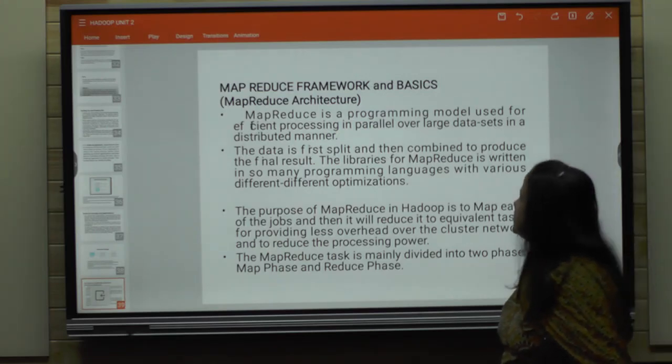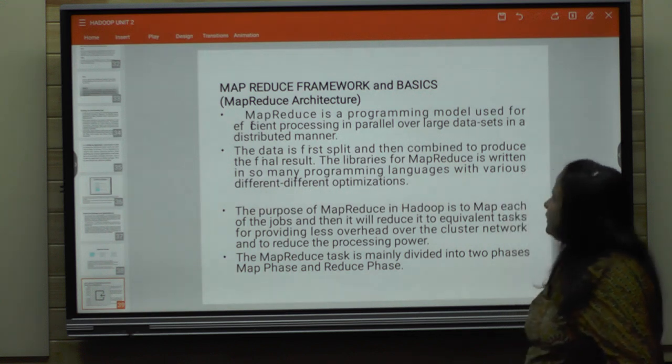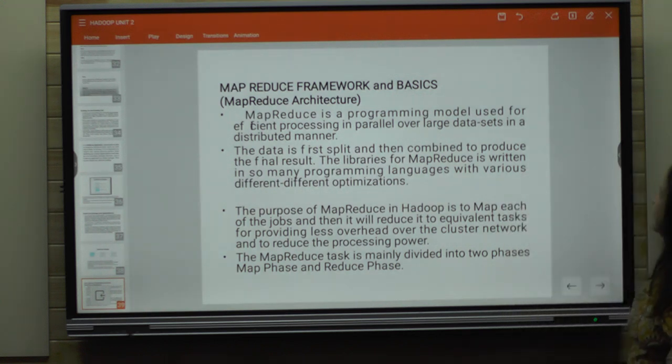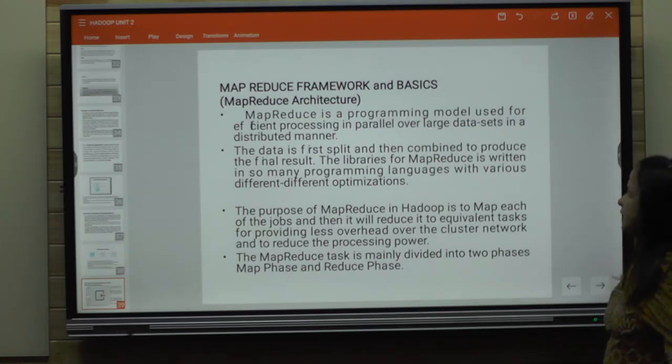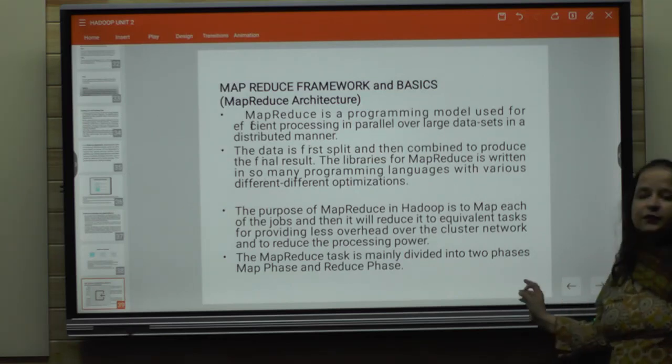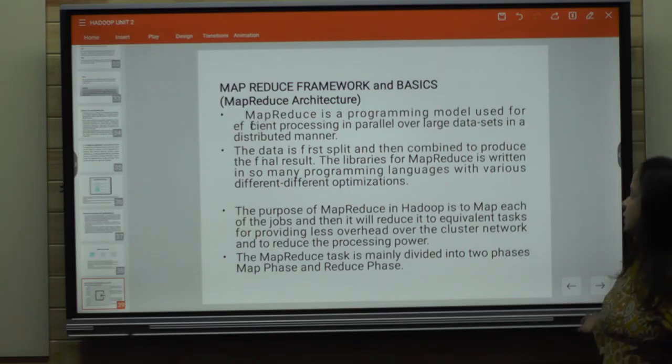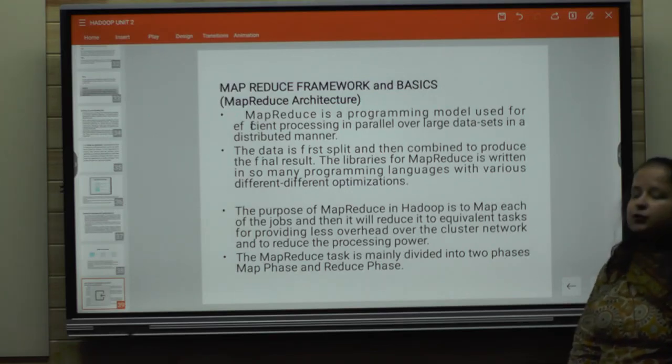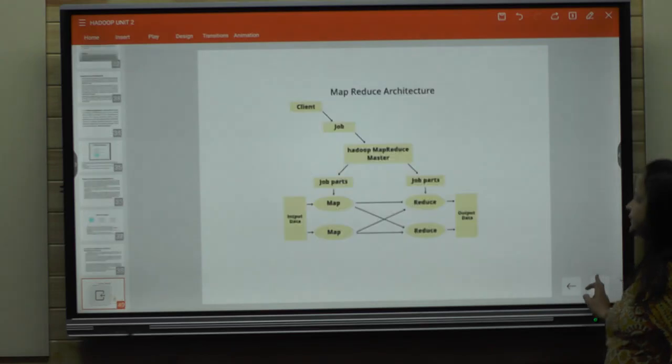The data is first split and then combined to produce the final result. The libraries for MapReduce are written in many different programming languages. The purpose of MapReduce is to map each of the job and reduce the equivalent for providing less overhead over the cluster network and to reduce the processing power.